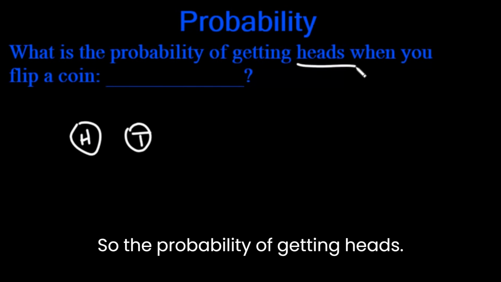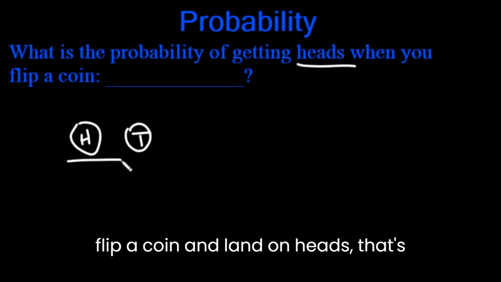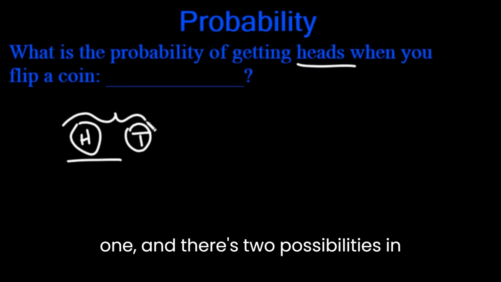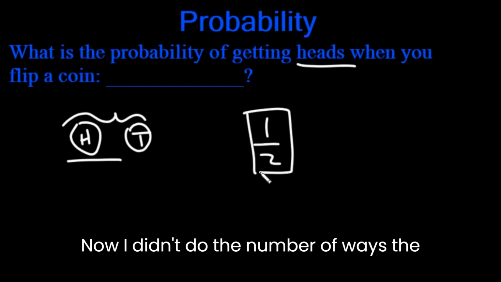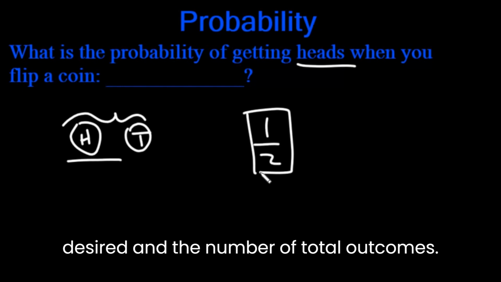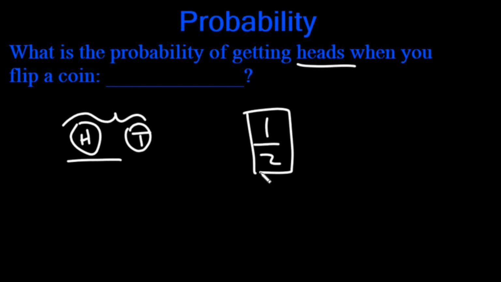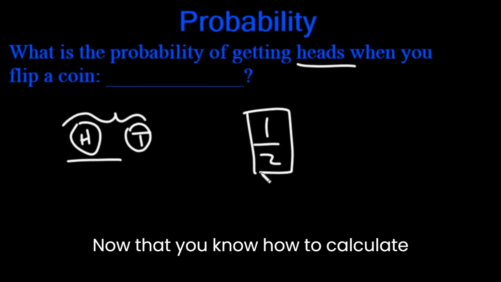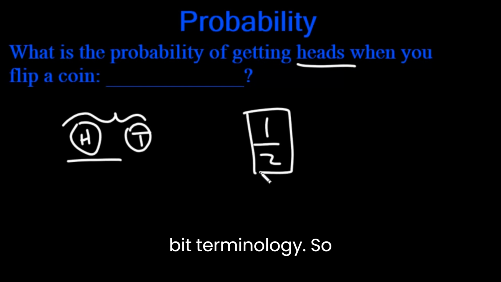The probability of getting heads is the number of ways we can flip the coin and land on heads. That's 1. And there's 2 possibilities in total. So it's going to be 1 divided by 2. Now, I didn't write the number of ways desired and the number of total outcomes, but I basically did the same thing.